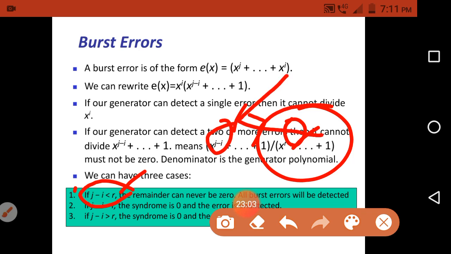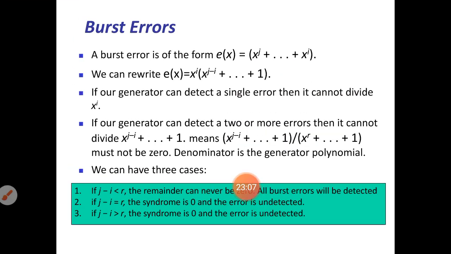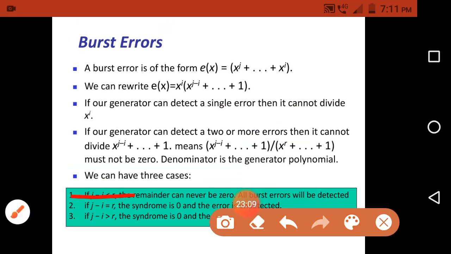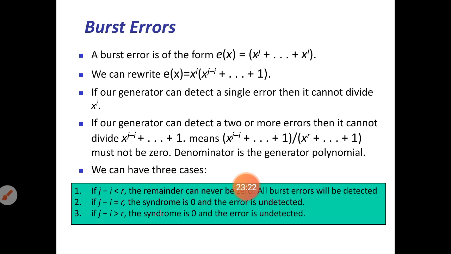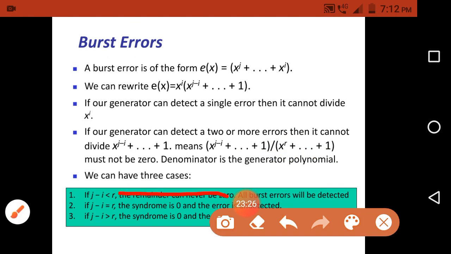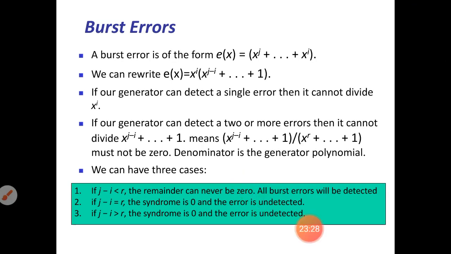So what is the meaning of this first case? The degree of the denominator is greater than the degree of the numerator. Then the remainder will never be 0.